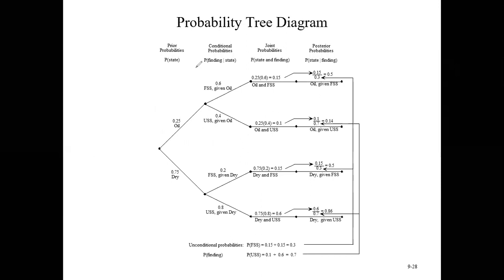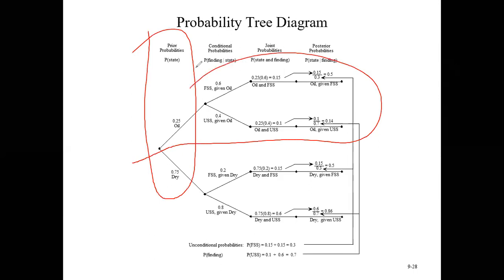We start off with what we knew initially: a 25% probability of having oil and a 75% probability of having no oil in the tract of land. The next step in this decision tree would then be to incorporate whatever conditional probabilities that new survey finding got us.